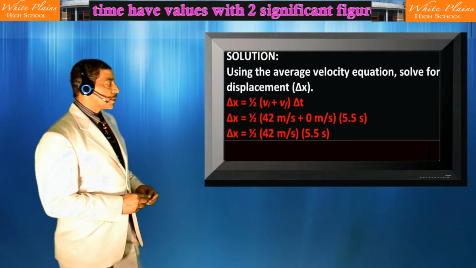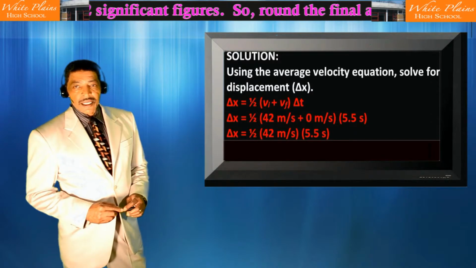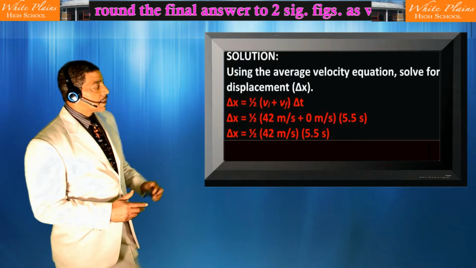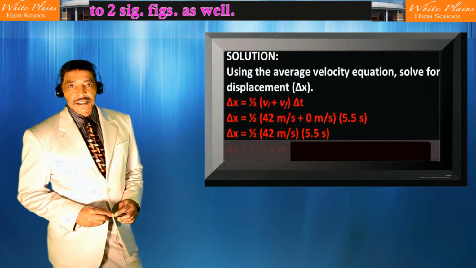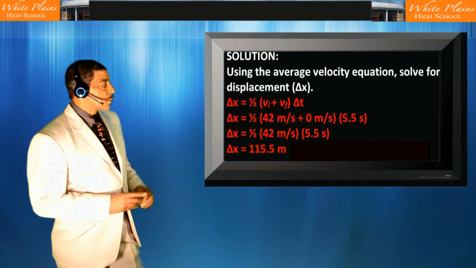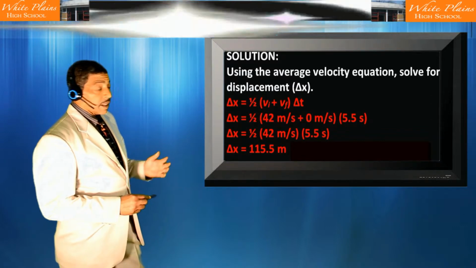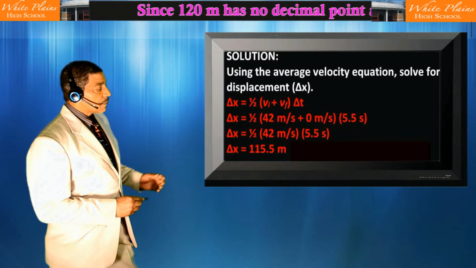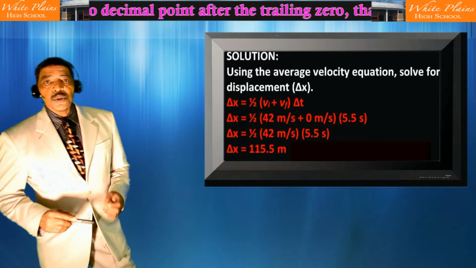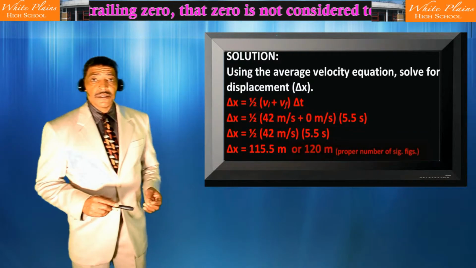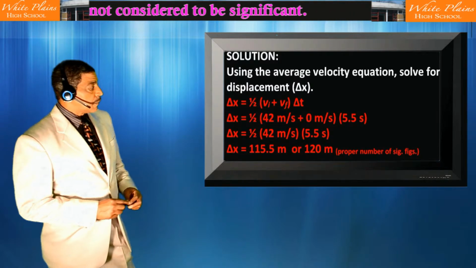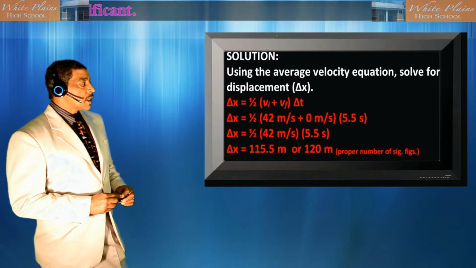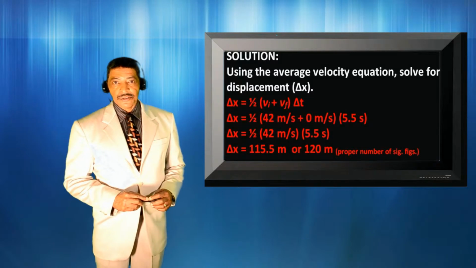Delta x is equal to 1/2 times 42 meters per second times 5.5 seconds. Clearly the seconds will cancel and the answer will be delta x is equal to 115.5 meters, or using the proper number of significant figures, which are 2, the final answer should be 120 meters.